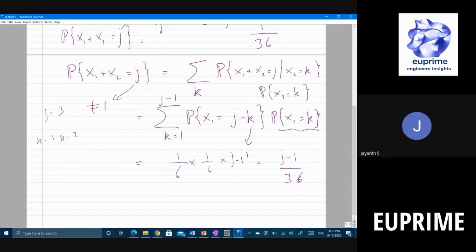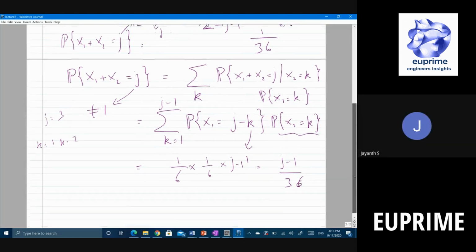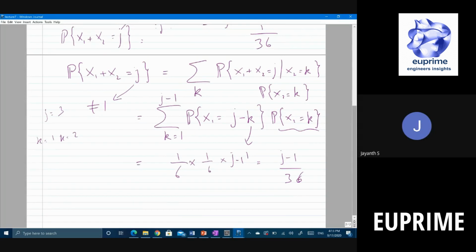Sir, excuse me, sir. In j minus 2 cases, the probability of x1 equals j minus k will be 0, no, sir? We have got the result j minus 1 by 36. In those j minus 2 cases, except one case, let's say x1 plus x2 equals 12, sir, this has only one possibility, right?